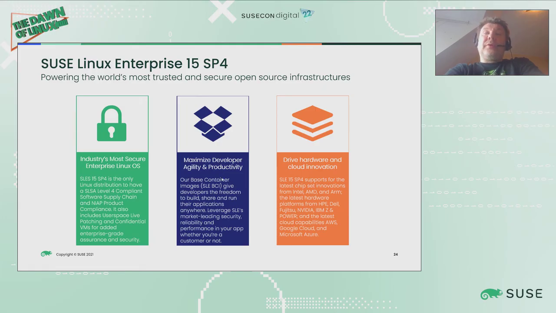We also tested our version with major platform manufacturers such as HP, Dell, Fujitsu, Nvidia, and IBM. We worked with both Z and Power platforms, and we enabled some of the latest cloud features available from major cloud providers.